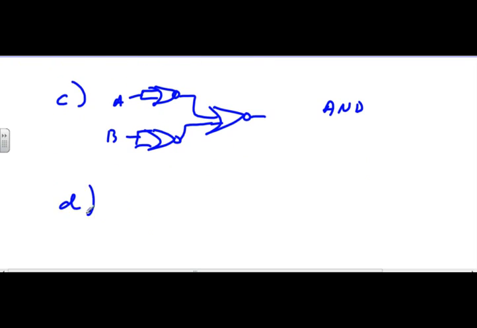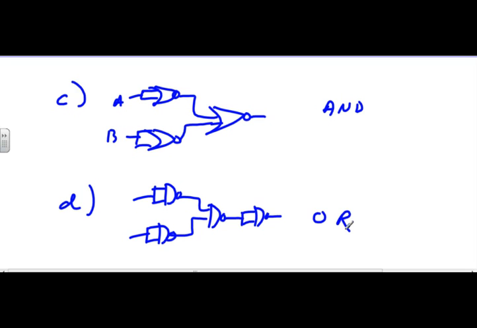Now I need a NOR from several NANDs. Okay, so I'm going to go NAND, NAND, NAND. That gives me the OR. Now I'm going to invert it, and I'm going to get an OR.